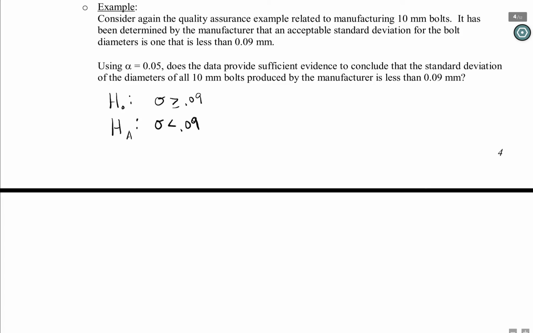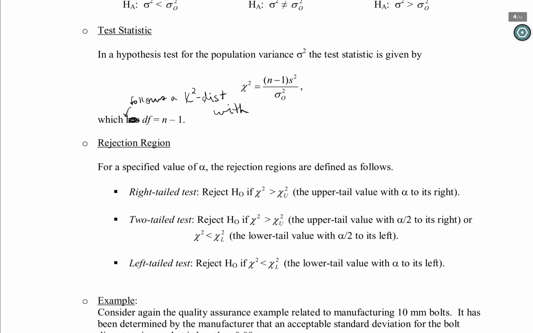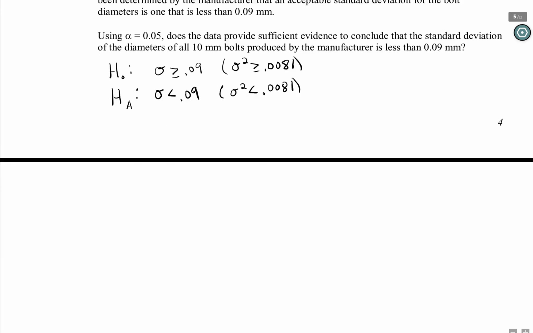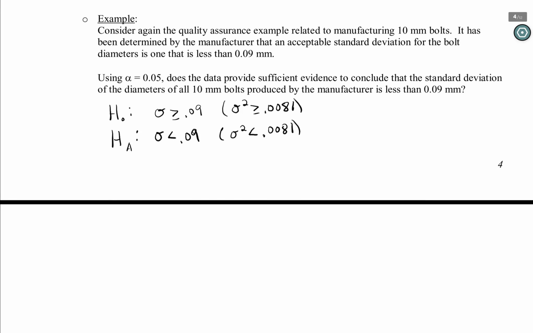I could rewrite these in terms of their variances if I wanted to. The alternative would be sigma squared less than 0.0081, just by squaring both sides, and the null would be sigma squared greater than or equal to 0.0081. To test this, I'm going to use this test statistic, and again, this is valid if I have a normal population. We would really want to check that on those 12 data points by looking at their QQ plot.